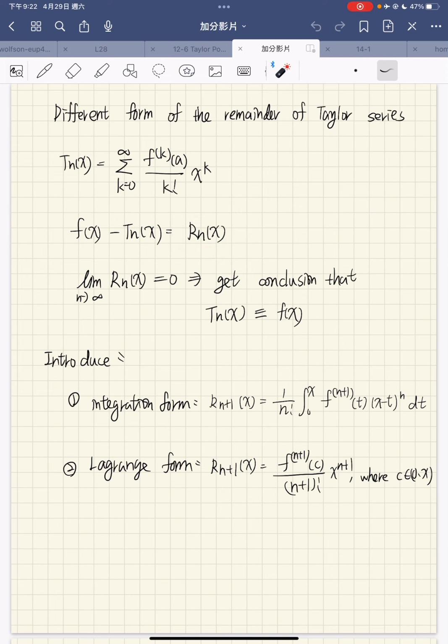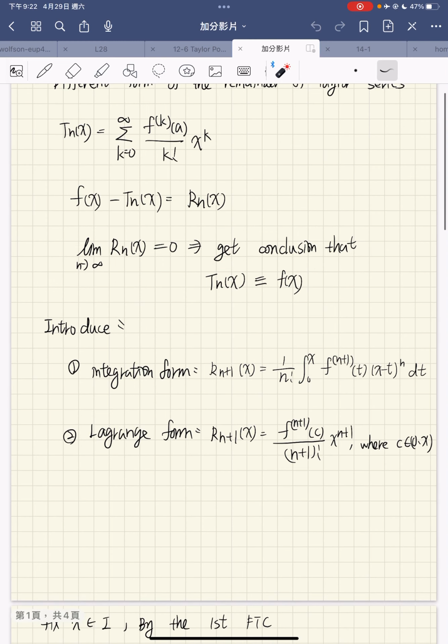And we know that when n tends to infinity, the remainder tends to 0, so we can conclude that the Taylor series is equal to f of x.